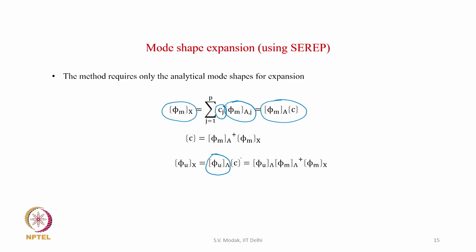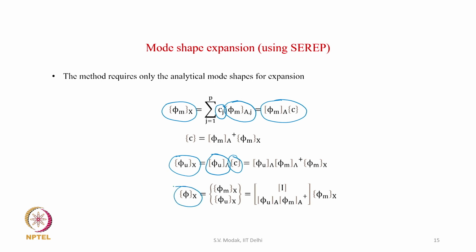You can see here we combine the unmeasured elements of the FE model mode shapes using this coefficient vector C to obtain the unmeasured elements of the experimental mode shapes. In this way we obtain an experimental vector with all the DOFs. So, this phi x contains not only the measured degrees of freedom, but also the unmeasured degrees of freedom. In this way the experimental mode shapes are expanded to the size of the FE model.